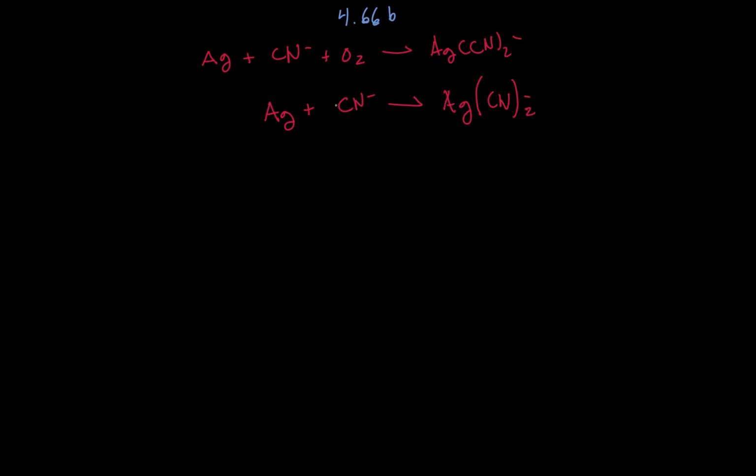So we see immediately we need another cyanide over here. Now we've got our species balanced. Silver's balanced, cyanide's balanced. We now need to balance the charge, so that we've got 2 minus over here and 1 minus over here. So we need to add an electron. And otherwise we're good. So that's the oxidation part of it.